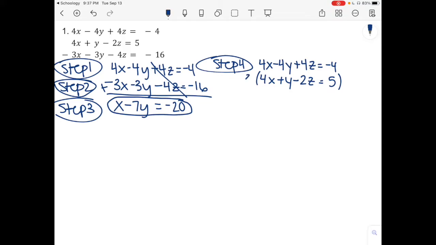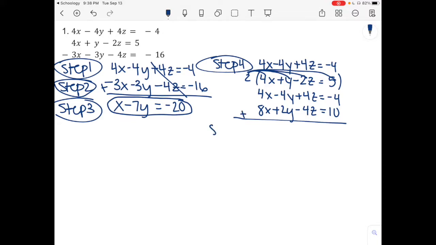So I'm going to multiply this equation by 2 to be able to get rid of the z. So copying down the original top equation, 4x minus 4y plus 4z equals negative 4, and then multiplying, 8x plus 2y minus 4z equals 10.